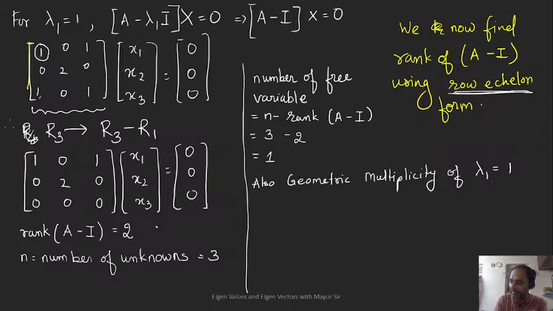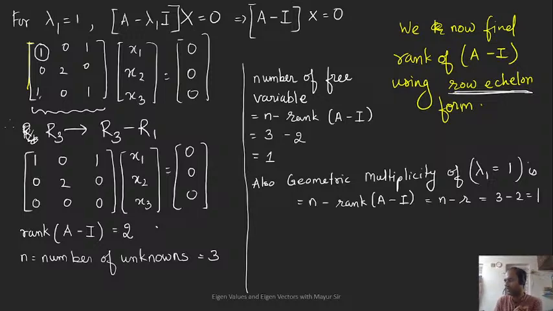So for lambda 1, the geometric multiplicity is the same as the number of free variables, it is n minus rank of A minus lambda I, that is, we had written this as n minus r, so here it is 3 minus 2, which is 1. Now here this is the most important concept.